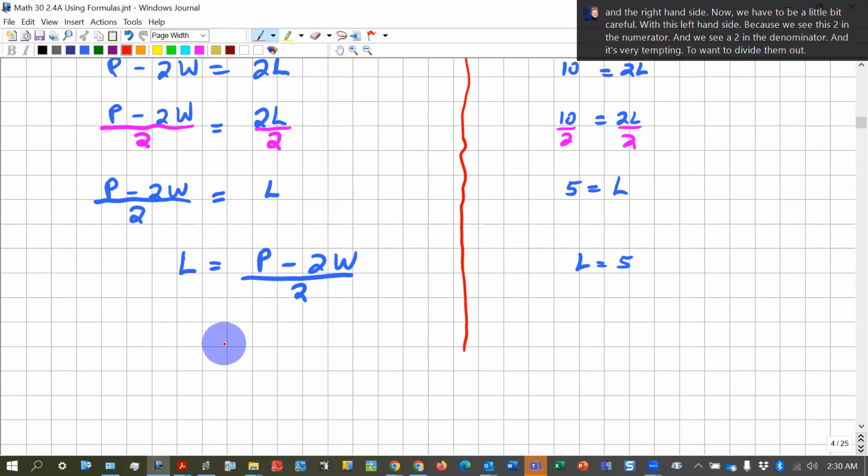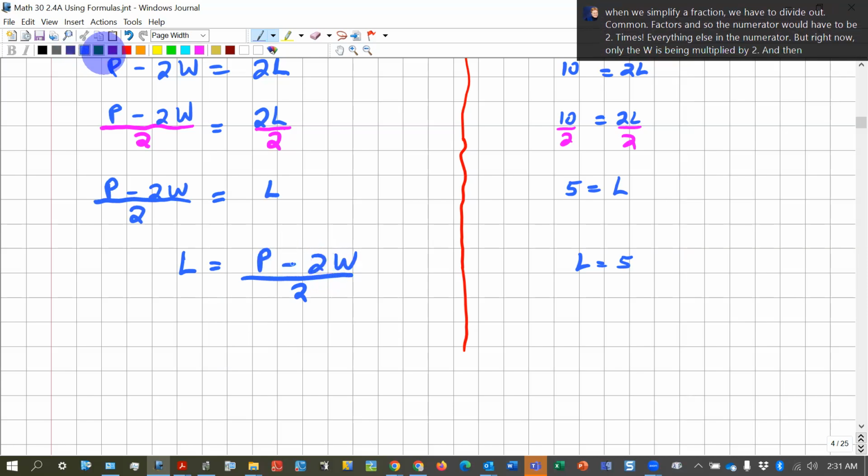But remember, when we simplify a fraction, we have to divide out common factors. And so the numerator would have to be 2 times everything else in the numerator. But right now, only the W is being multiplied by 2.